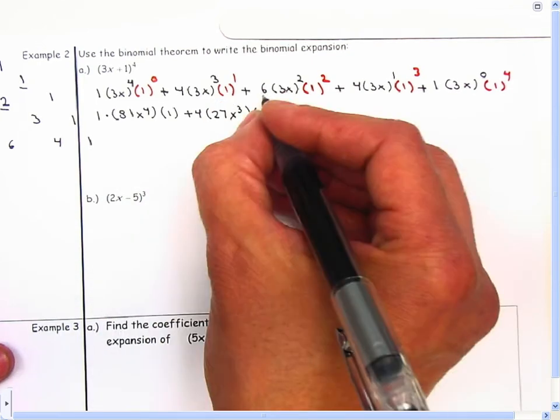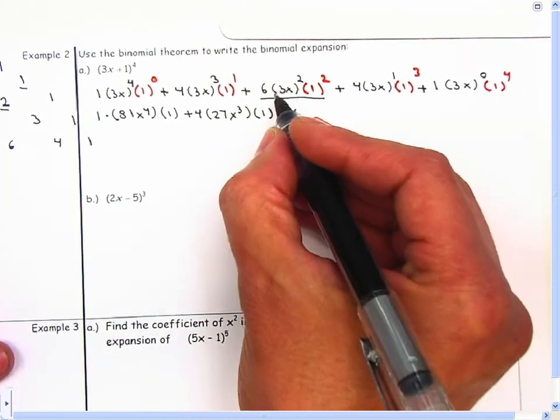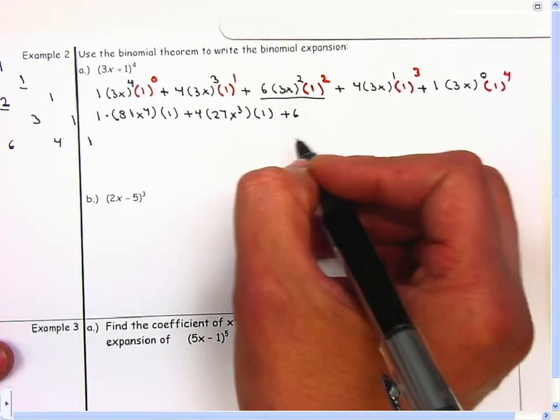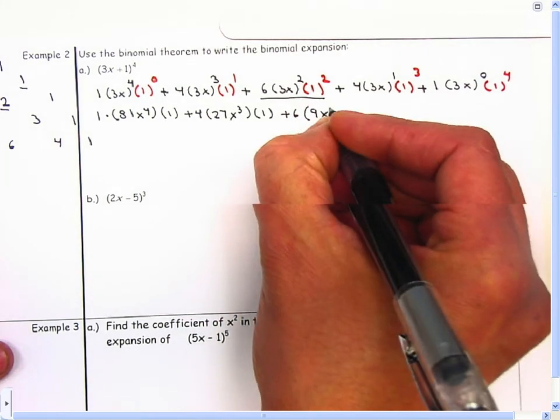The next one, we have plus 6. 3x to the 2nd power is 3x times 3x, which will give us 9x squared.